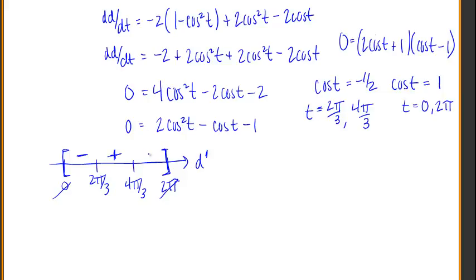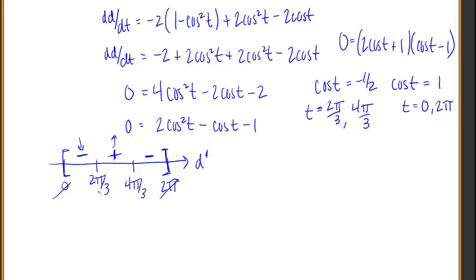And last but not least, something beyond 4 pi over 3, you can do 3 pi over 2. That causes the cosines to go away, and just like that. Sometimes it's really easy. You don't even need to pull out your calculator. We want to know the maximum value. When's that distance going to be the greatest? So we want a max. We go from decreasing to increasing, so that was a min.